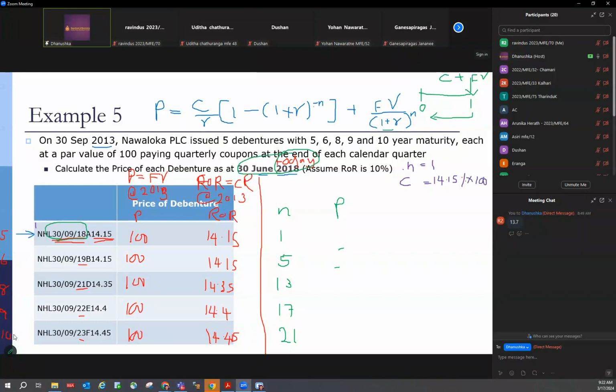That's the coupon for the year. But this coupon is paid quarterly, so I have to divide it by 4. So what is your quarterly coupon? 14.15 divided by 4. 3.625. N, C, R. R is 10% divided by 4, 2.5%.